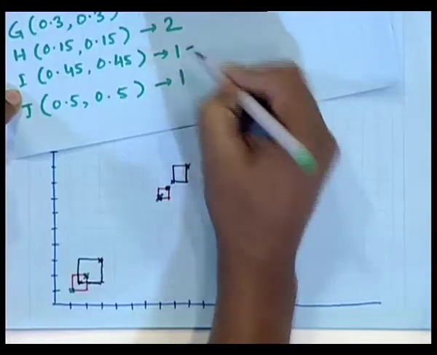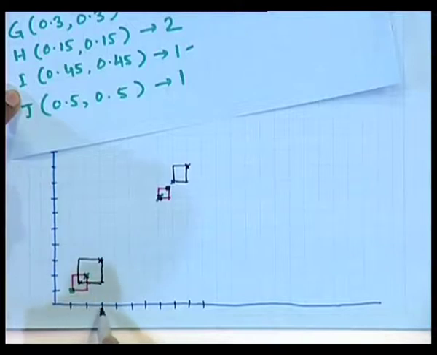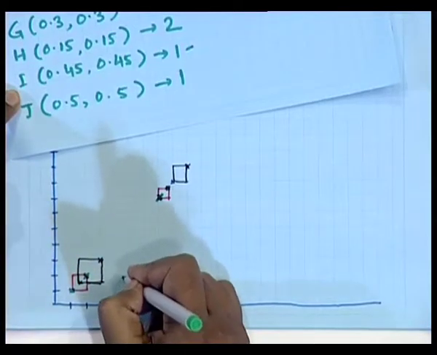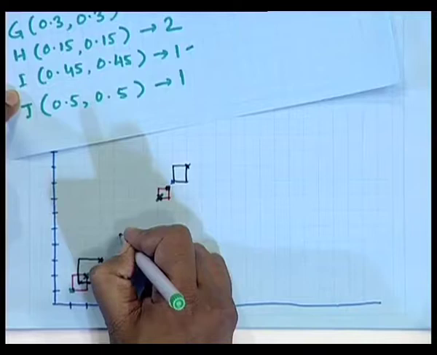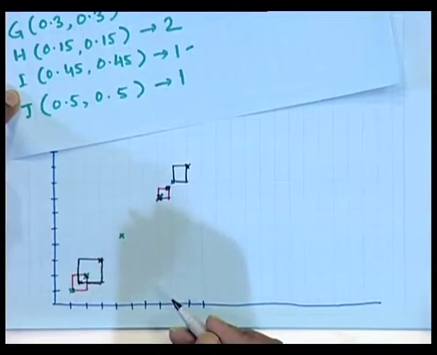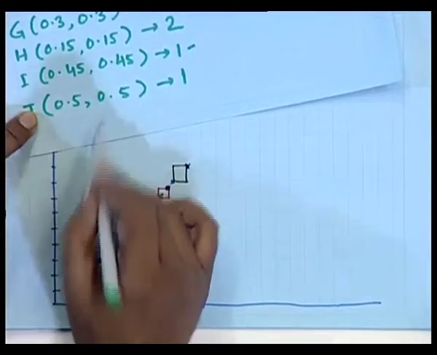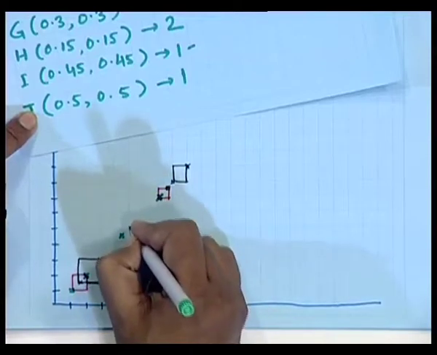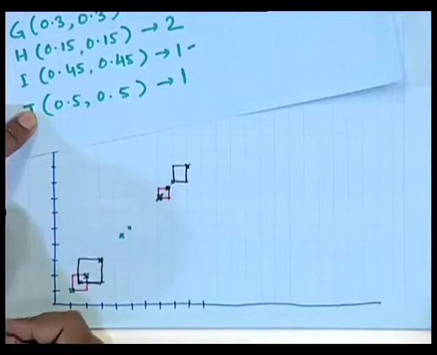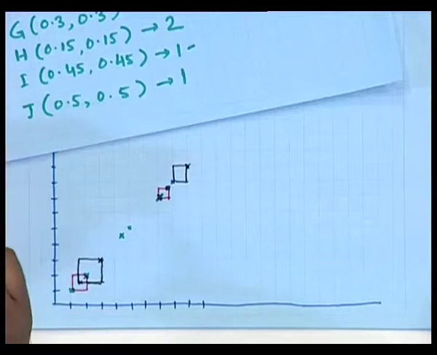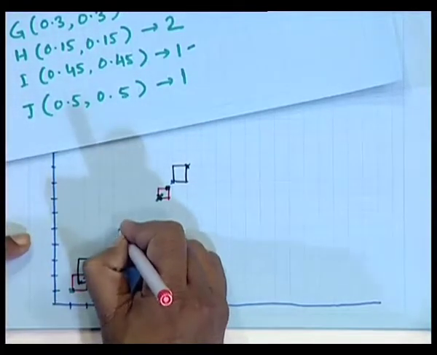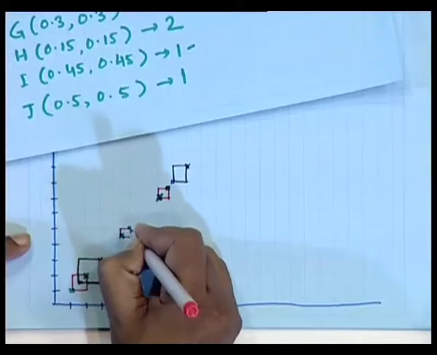So, again I have this point 0.45. So, 0.45 is somewhere over here which belongs to class 1. Then I have 0.5 that is somewhere here, that also belongs to class 1. Okay. And suppose these two form one hyperbox.